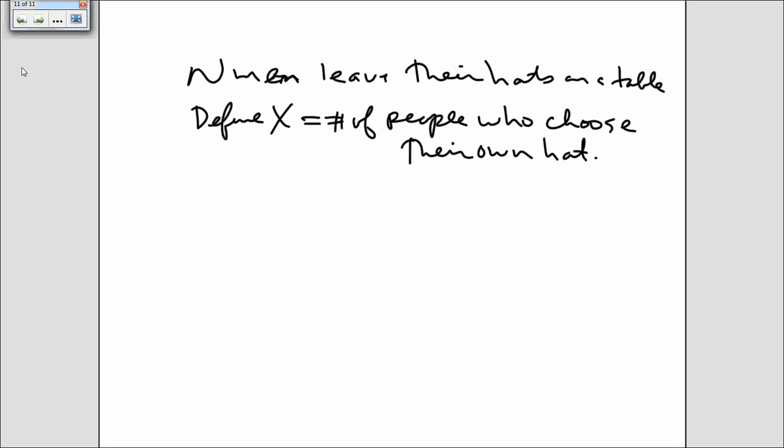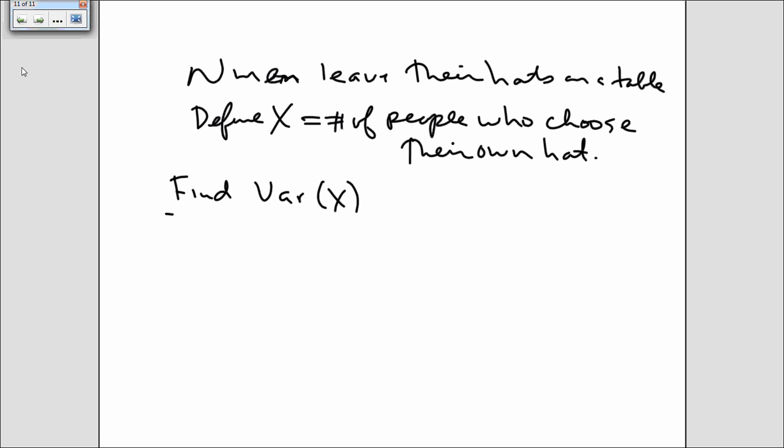I'll assume all the hats are similar in shape. If somebody had a really, really big one, that kind of messes things up, you probably have a better chance of picking the big one. Okay, so we want to find the variance of X.